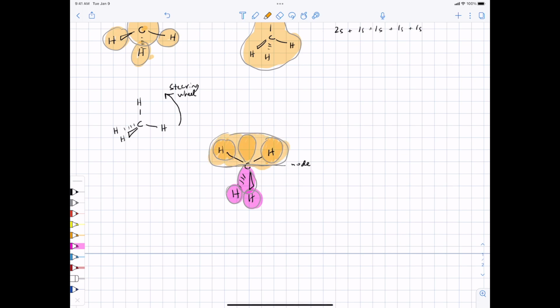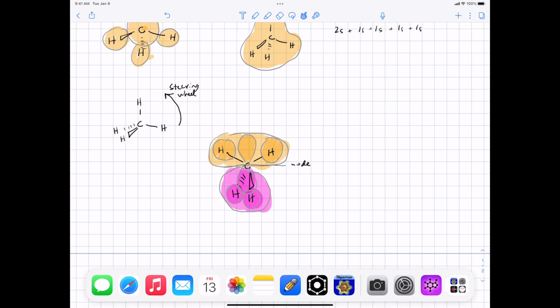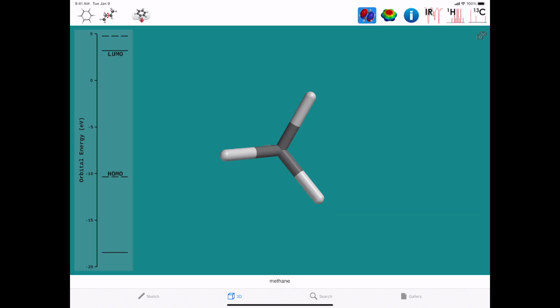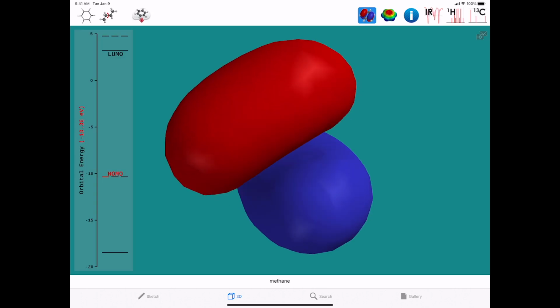So that's sort of one layer, and then down on the bottom side we have another layer. And again, it's hard to envision this in particular. It will be easier if I show you in the Spartan app. Yes, there we go.